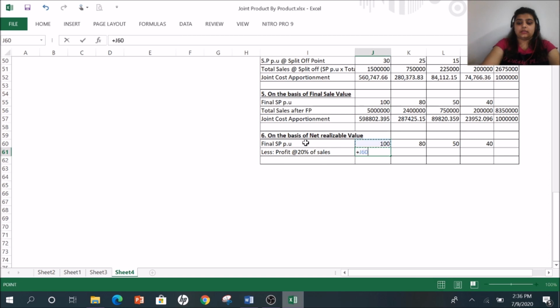So that would be this into 20%, that is 20, 16, 10 and 8, less selling and distribution expense, that is rupees 2 per unit. So 2 and 2.